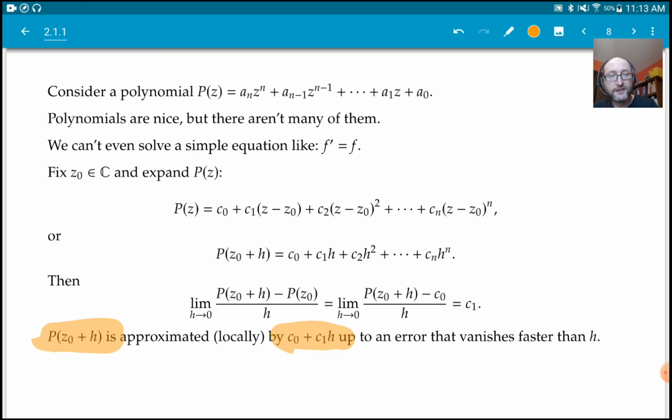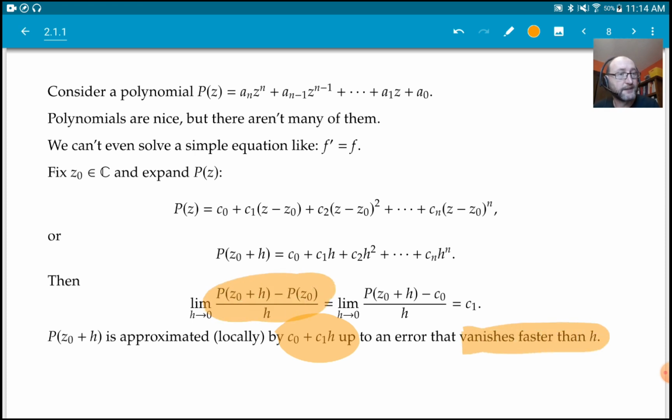And so we get this nice approximation. If it was real, it would be a line. So the graph is going to be a complex line in this case. So all of these are complex numbers, but it's this affine linear expression, right? And the error vanishes faster than h. That's really what this says.